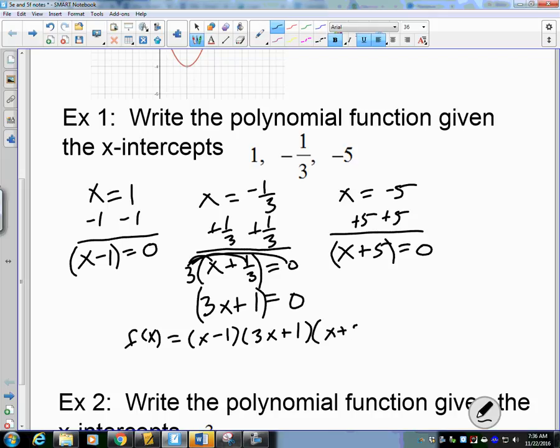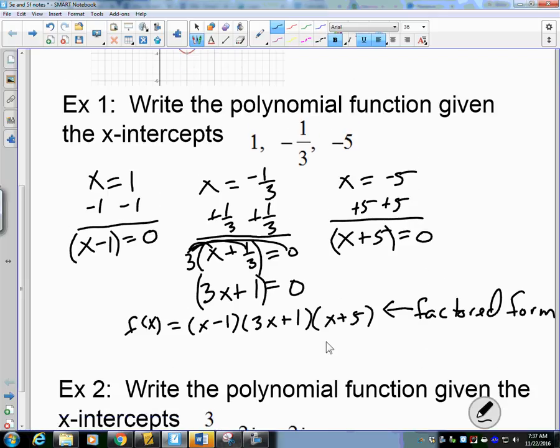This is in factored form now. And if I actually want to write out the whole polynomial, I'd have to multiply it out.